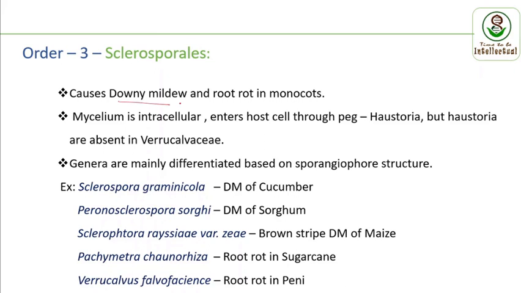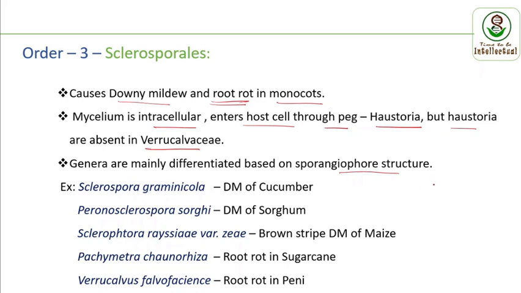These downy mildew fungi are in monocots, and here not only downy mildew, we also see root rots in monocots. The mycelium forming here is intracellular and enters the host cell through a peg haustorium, but the haustorium is absent in Verrucalvaceae. The genera are mainly differentiated based on sporangiophore structure.